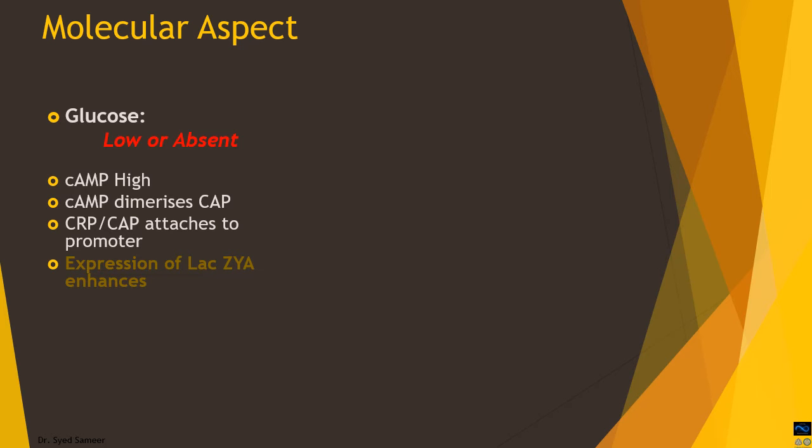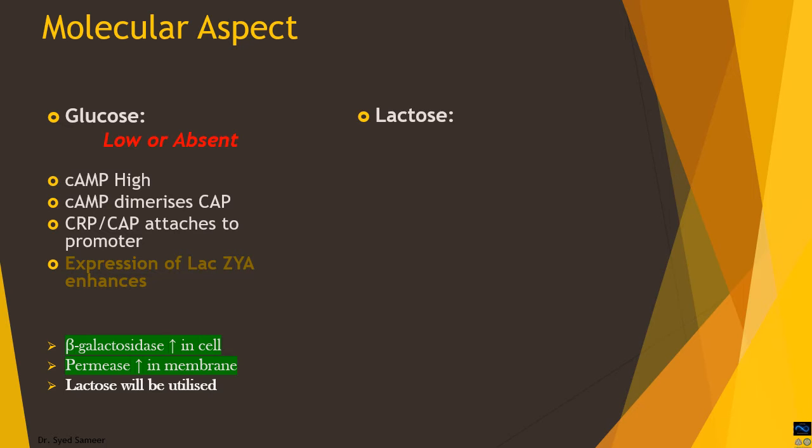By attaching to the promoter, it will cause enhanced activity of the RNA polymerase by identifying and then quickly binding to the promoter region, and then facilitating promoter clearance quickly, and hence the expression of the structural part of the Lac operon will be enhanced, and we will have more and more beta galactosidase and more permeases, which will allow the E. coli cell to utilize the lactose preferentially, which is available there, while the glucose is low or absent.